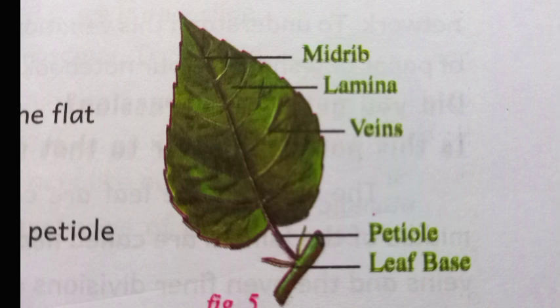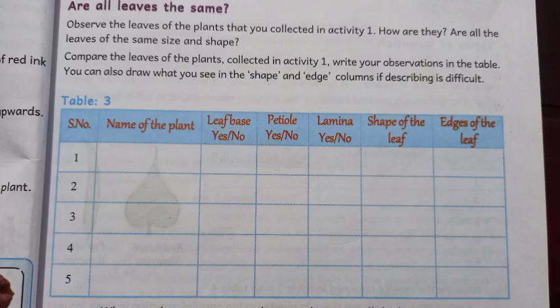That is the midrib. Which part connects the leaf lamina with the stem? That is the petiole. So from this we can understand that a leaf contains a leaf base, a stalk-like structure called the petiole, and the lamina.